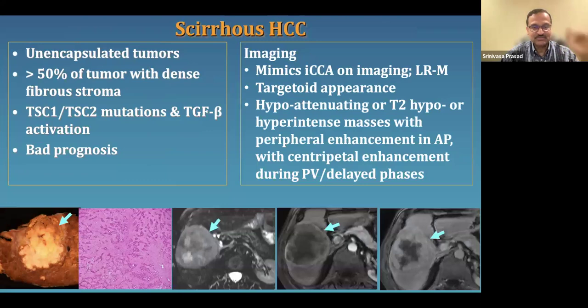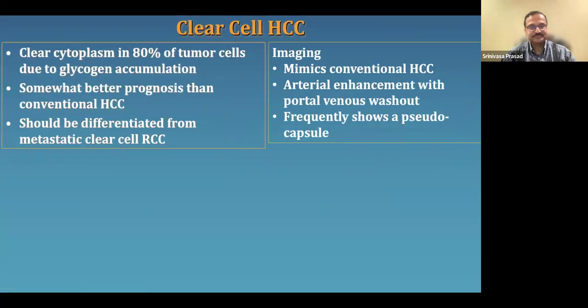And you have what is referred to as the scirrhous variety, tumors with significant fibrous stroma. These typically have a bad prognosis, and have characteristic genetic abnormalities.